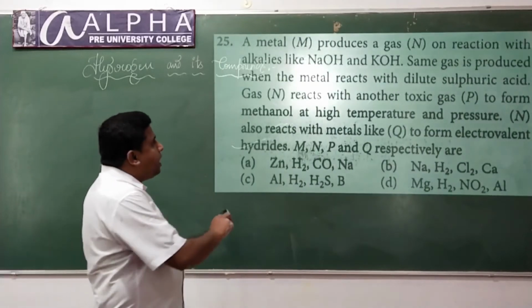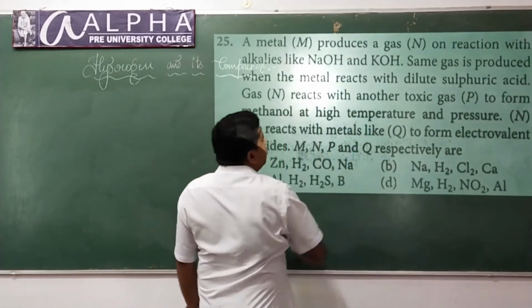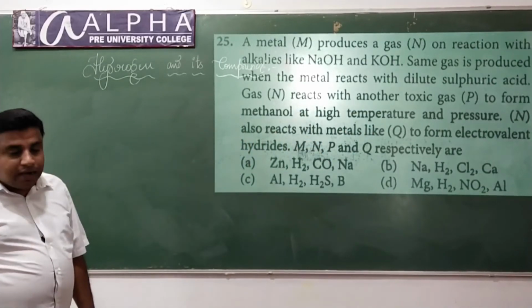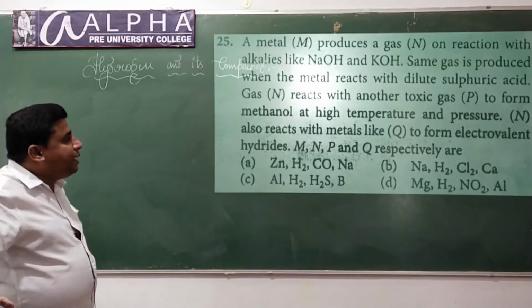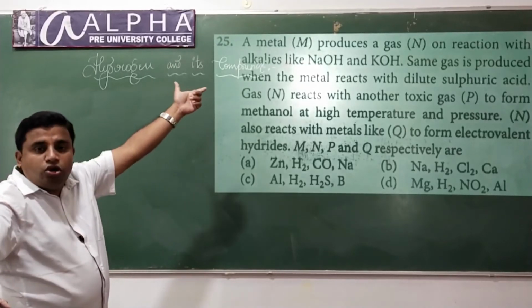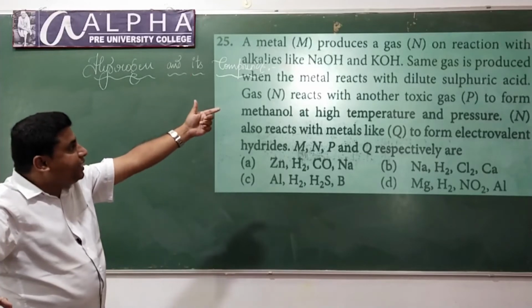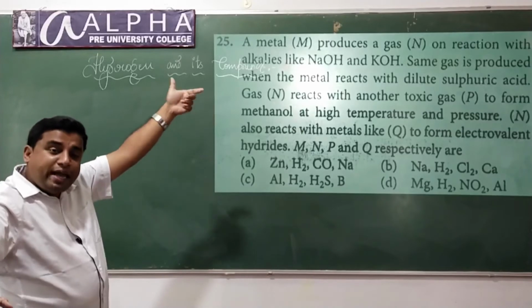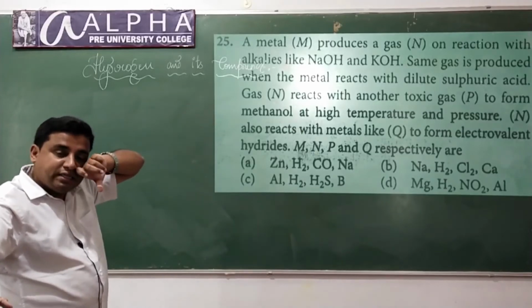A metal M produces a gas N on reaction with alkalis like NaOH, KOH. I told you that if a metal is reacting with an alkali, that means a base, what type of metal can react with a base? Amphoteric metal.